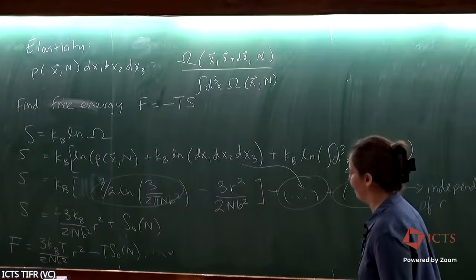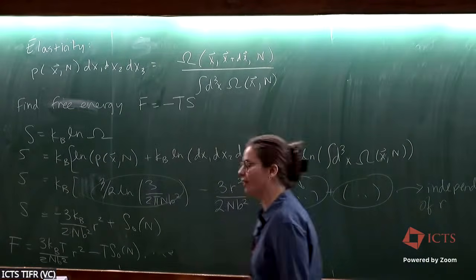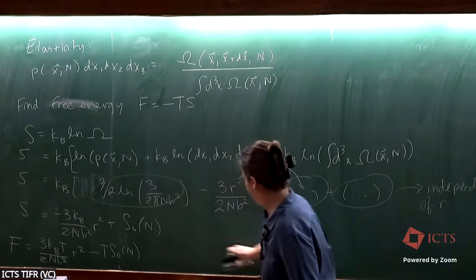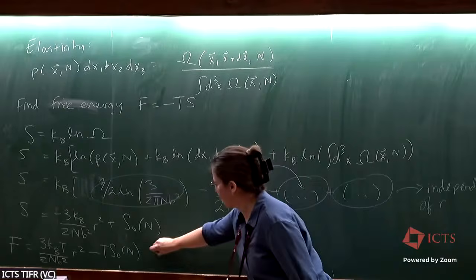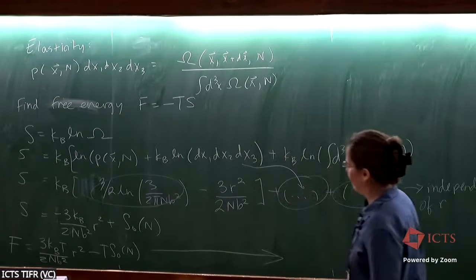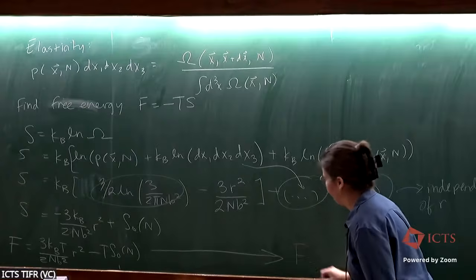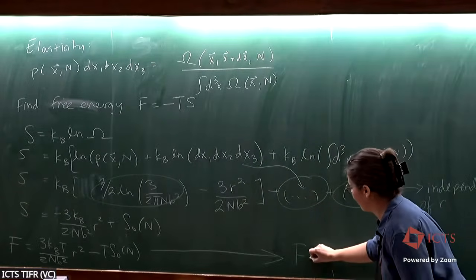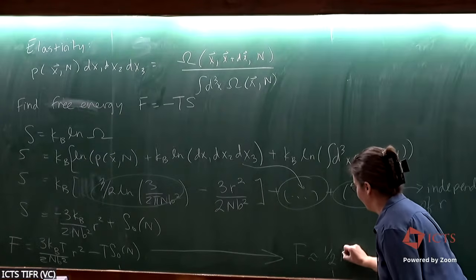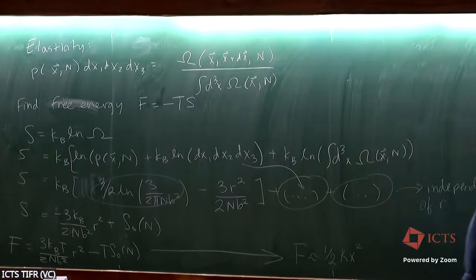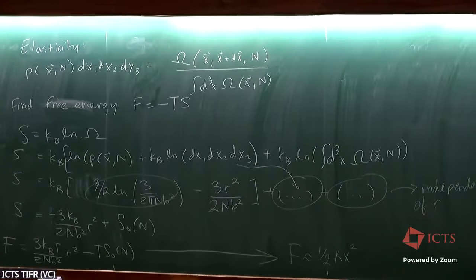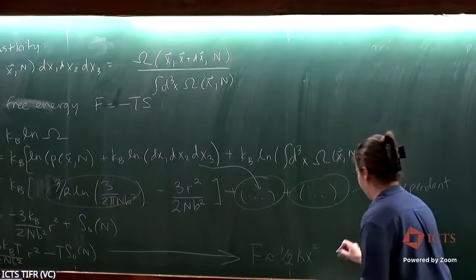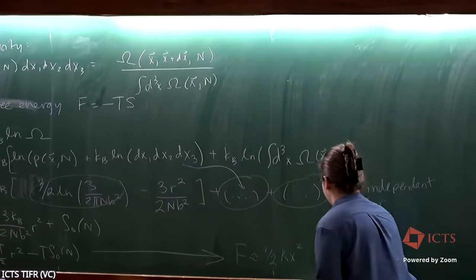And now we are seeing something really cool. Because what we have found through this series of approximations is an energy, where we can forget about this S naught term, that is looking like 1/2 k x squared. It has the same form if x is now this extent. This looks like a harmonic oscillator, this is a spring.